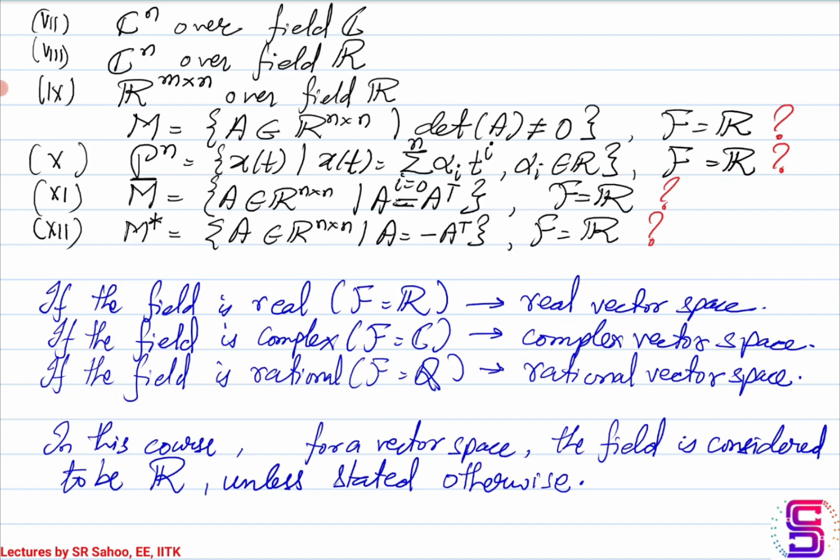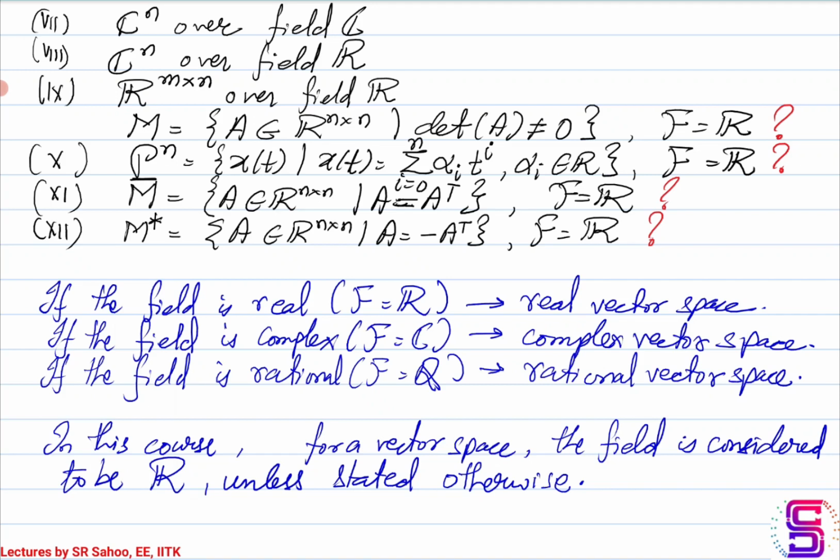If I say that the set of n cross n real matrices is a complex vector space, then this would mean that the corresponding field here is the set of complex numbers, and so on. So please do verify whether the examples that I have given here are going to be vector spaces or not.